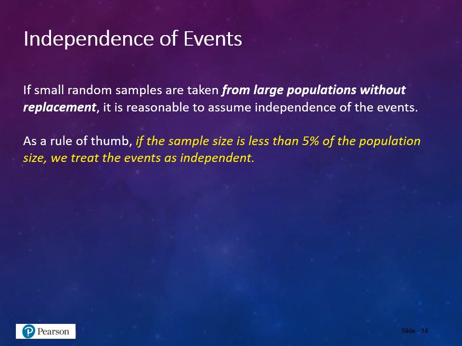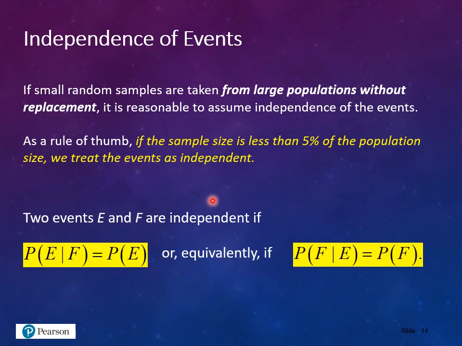Something for you to kind of stick in your mind there. It's there, bold in yellow. So if a sample size is less than 5% of the population, we treat the events as independent. And as we saw in the last one, because it was such a small difference, that's why we can do that, because it's going to have a smaller impact in the final probability calculation.